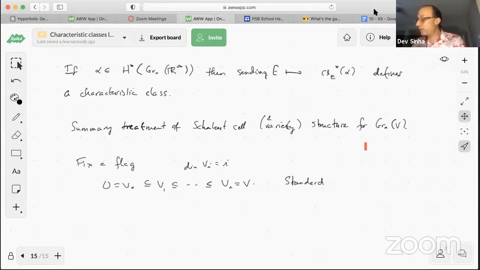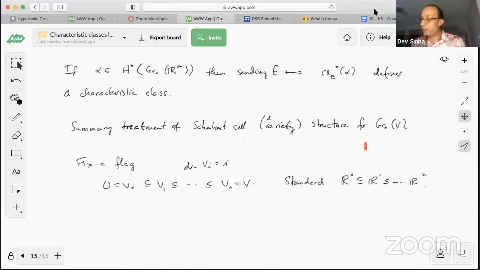So that's one reason you introduce the others. You consider the standard embedding of R^k in R^n with zeros for the last n minus k coordinates. So that's what a flag is.